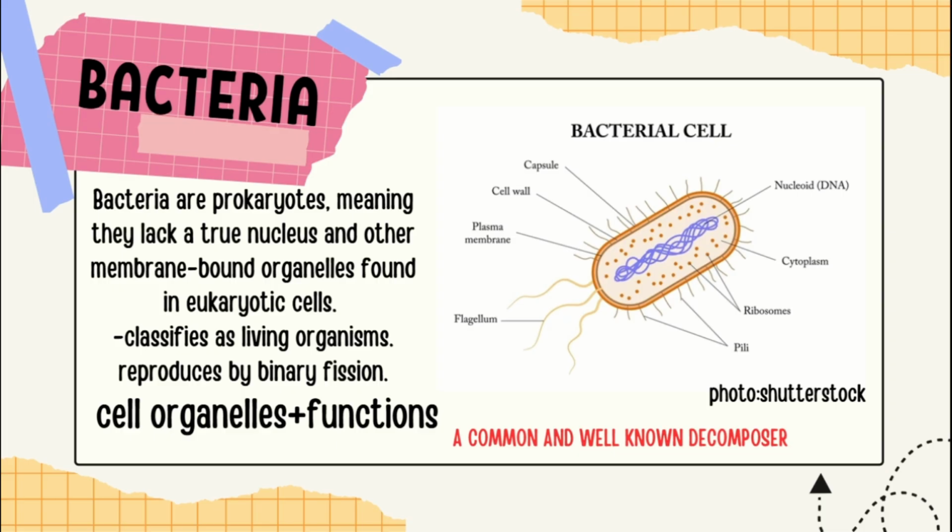That's the main method by which bacterial cells reproduce. Now there are other asexual methods, and I think there's even a sexual method, right? But right now we cannot remember everything. This is the main method by which bacteria reproduce, by binary fission.